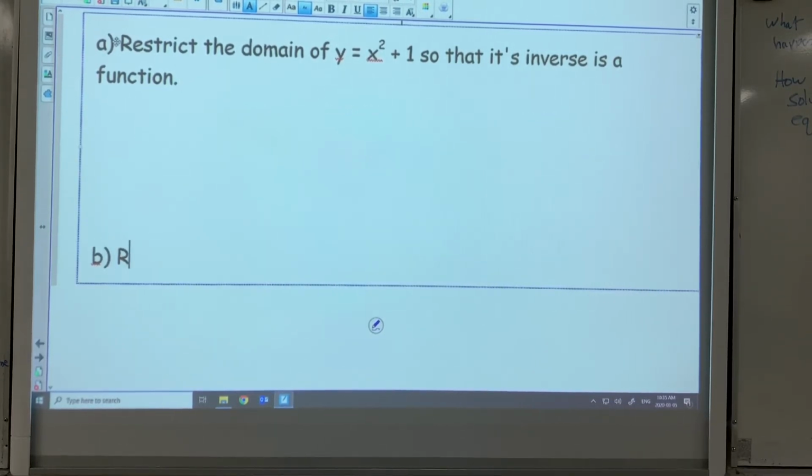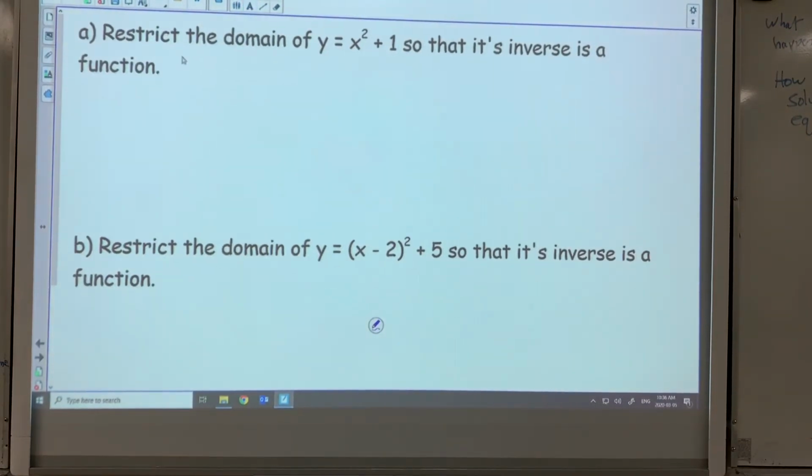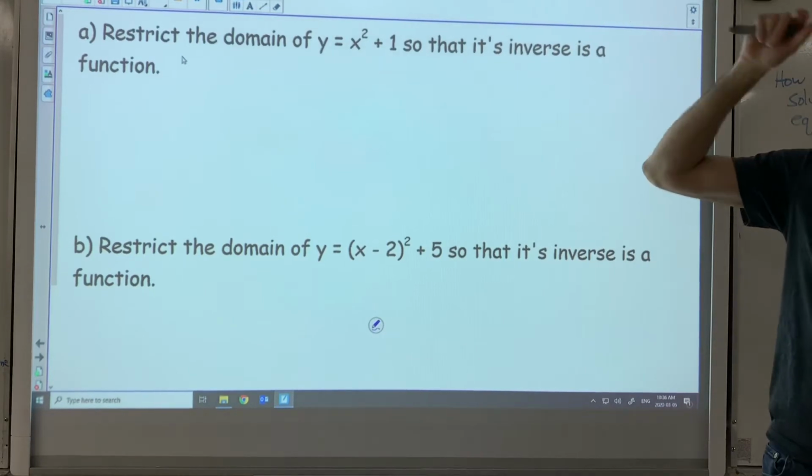And then part B will be... okay, I'll give you really quick, just write it out. And we're not even going to draw it, because you don't need to draw it to do this question.